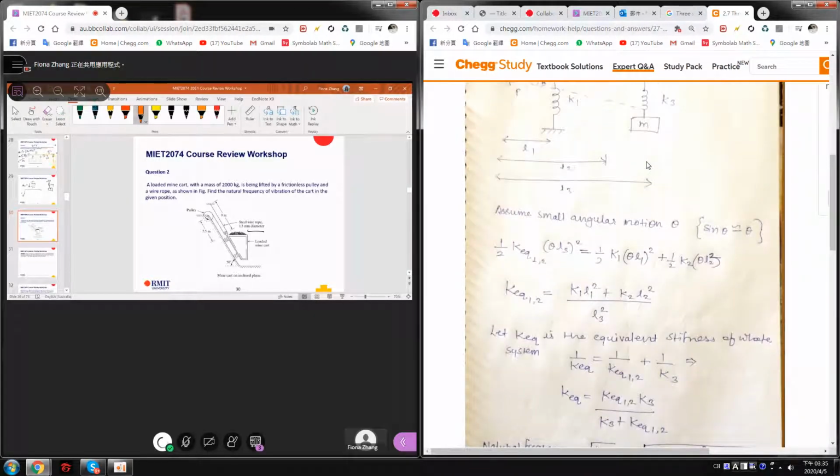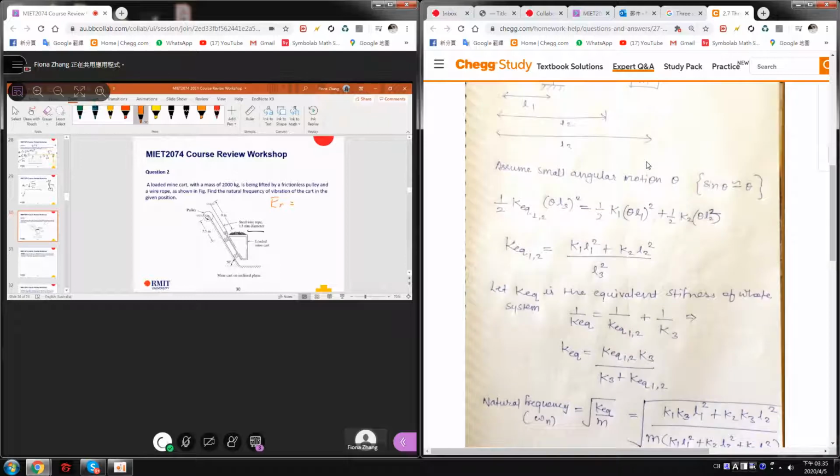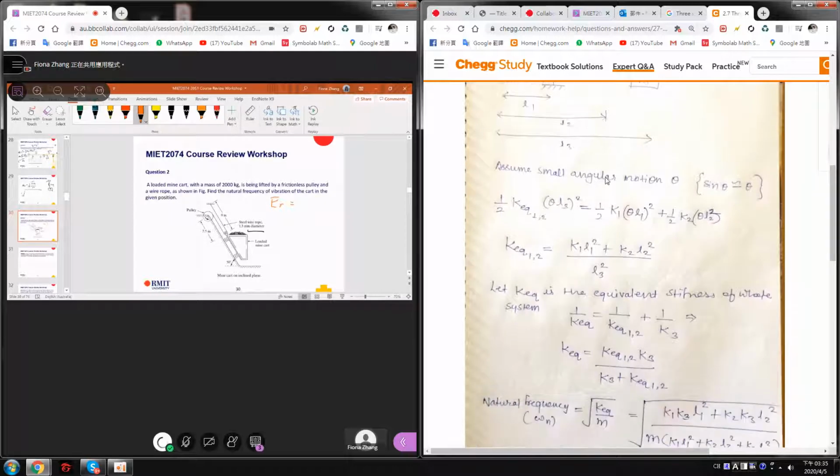So Young's modulus of the rope is how much? Oh, it's too small. It's 207 times 10 to the 9 Pascal. Okay, so it's 207 gigapascal.